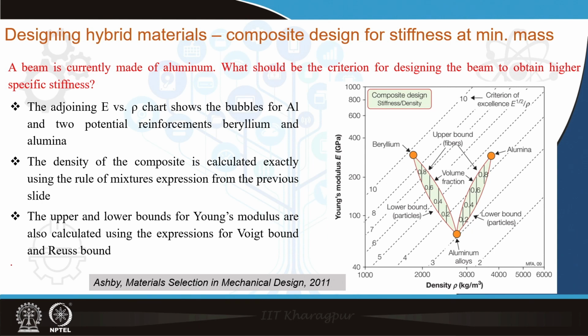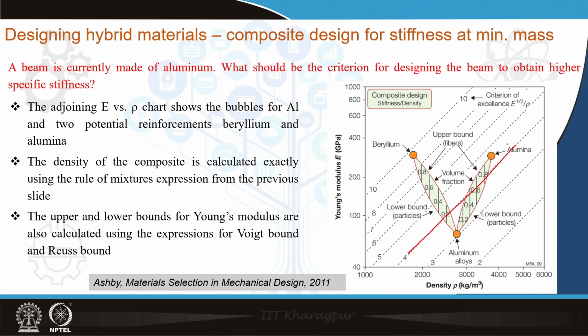So, a general conclusion that we can draw from this discussion is that for this kind of situation, the best combination of materials is that which leads to the orientation of the bubble being more or less perpendicular to the lines of excellence. These are our lines of excellence.